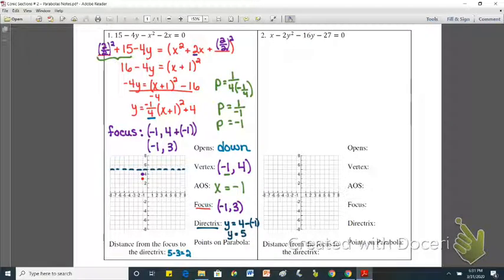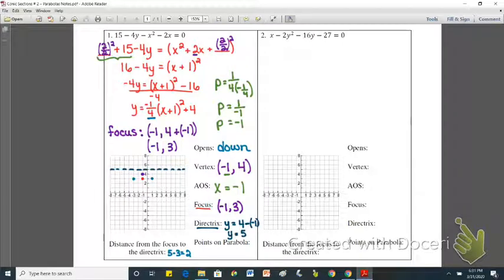So to figure out points on the parabola, I go up and in line with my focus, my red dot, and I go the distance from the focus to the directrix to either side. So I'm going to go 2 to the right, put a dot, I go 2 to the left. Those are the 2 points that are on my parabola.